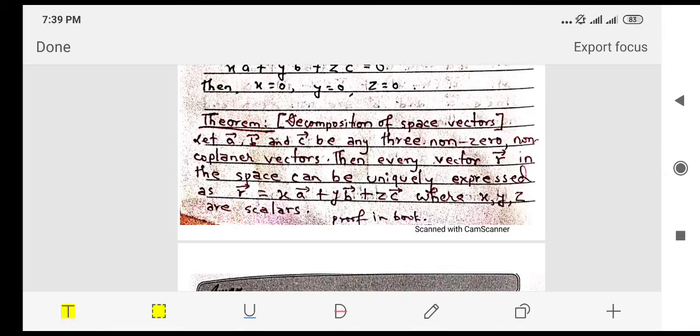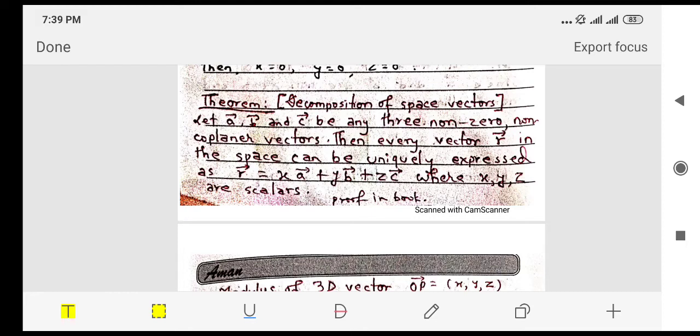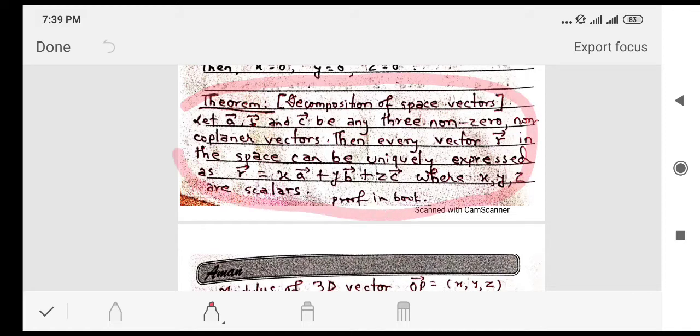Now let's come to one of the important theorems. The same type of theorem we discussed for two-dimensional; by using the same technique you can prove this theorem as well. Let us see what the statement says. Decomposition of space vector: let vector A, vector B and vector C be three non-zero non-coplanar vectors.